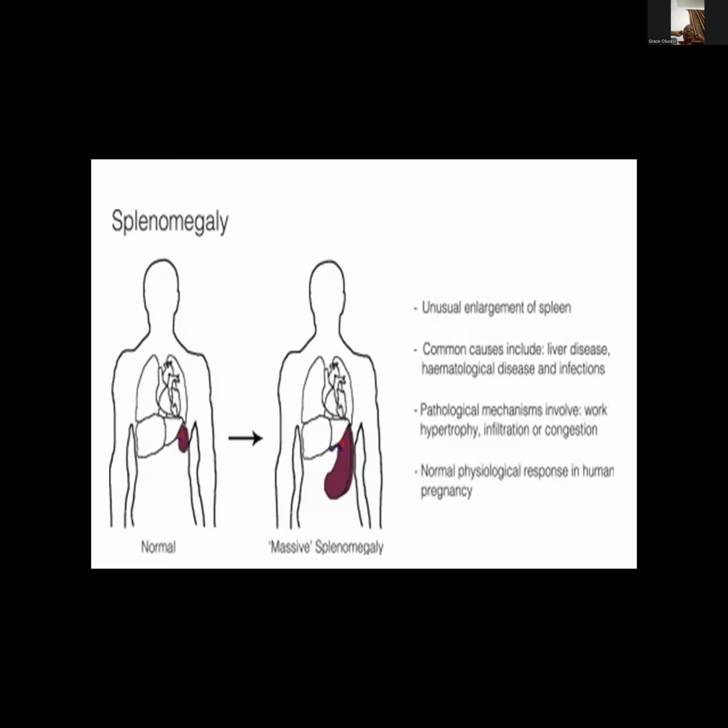Now, if you look at the diagram in front of you, you're going to see clearly a normal spleen to your left. Now, you can see the direction it takes when it begins to enlarge. So let's look at the diagram again.